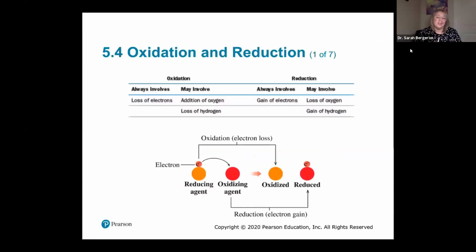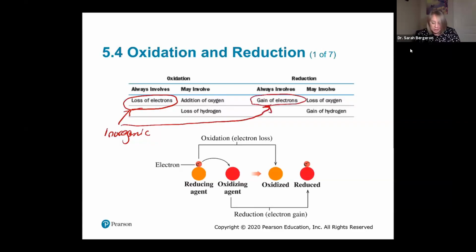One thing to remember, your book has this nice little table showing that oxidation is always going to involve a loss of electrons. This is what you're looking for in inorganic reactions: a loss of electrons for oxidation, and a gain of electrons for reduction.